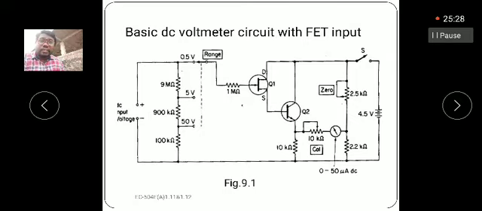What is zero adjustment? Again repeating the same point: when the switch S is closed for the power supply to the circuit, the test terminals T1 and T2 are shorted.